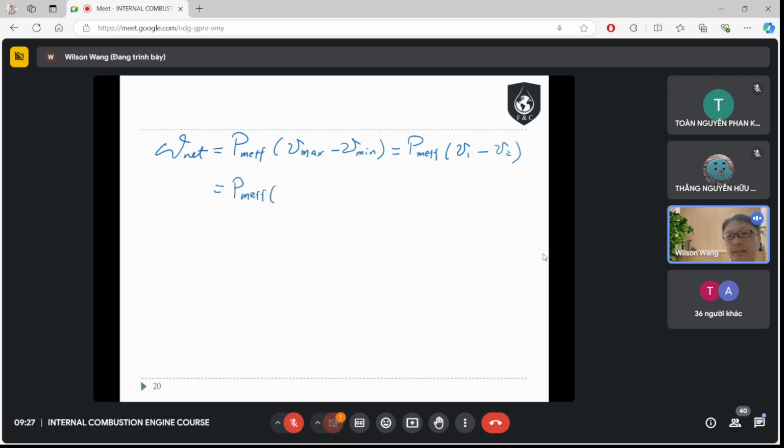And we can have V2 as V1 divided by the compression ratio.